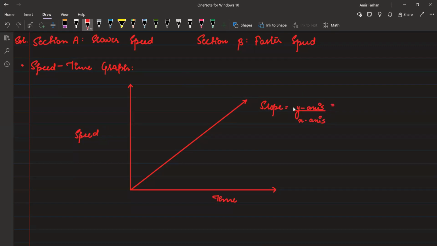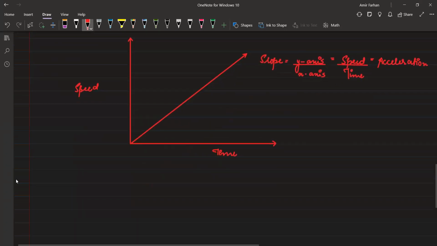As you can see, on the y-axis speed is written, yes or no? Speed over time is equal to acceleration. So acceleration is the quantity that is given by the slope of this graph.